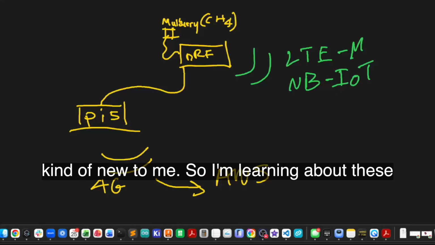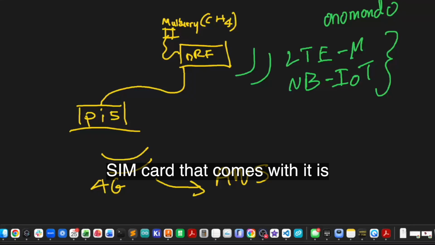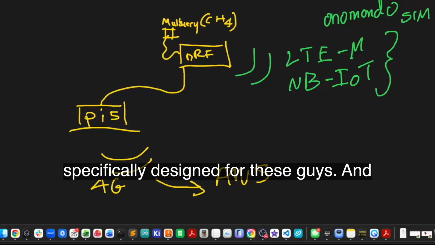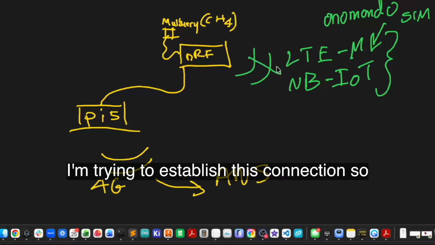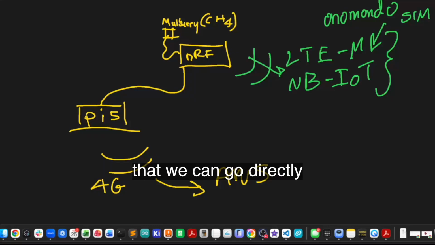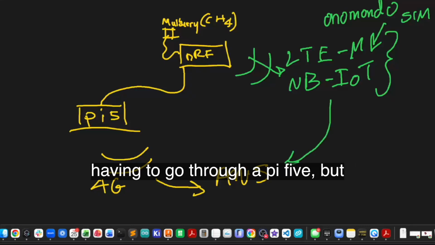This is actually kind of new to me, so I'm learning about these. This is what the Nordic and the Onomondo SIM card that comes with it is specifically designed for. I'm trying to establish this connection so that we can go directly wirelessly from there to here without having to go through a Pi 5.